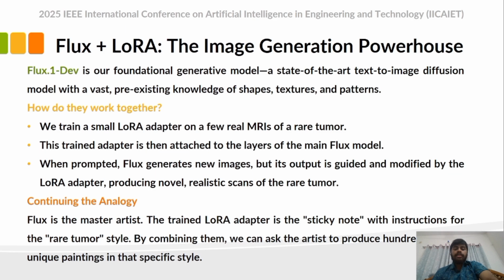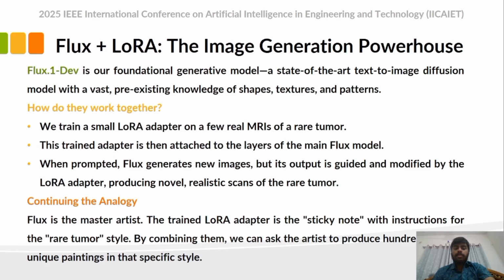In our project, the artist is a powerful model called FLUX.1 Dev. It has already learned about general shapes and textures from looking at billions of images. So here's how we use it. We take a few real MRI images of a rare tumor and use them to train our small LoRA adapter.